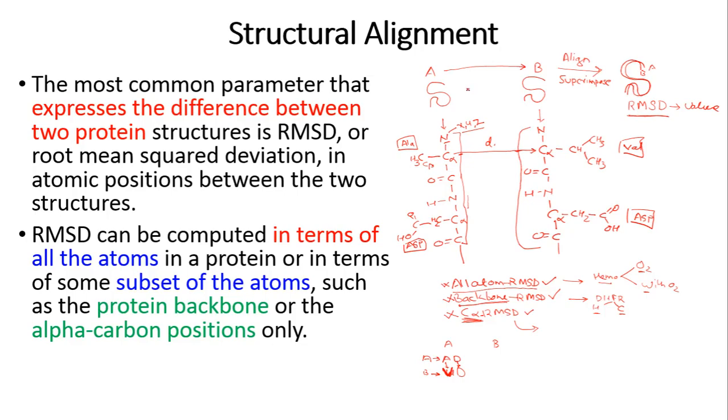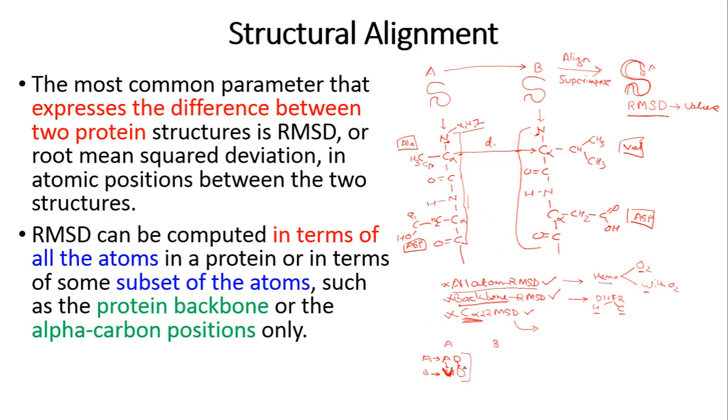Say for example, this nitrogen in protein A is analogous to this nitrogen in protein B, and hence when you superimpose these two proteins, you would compare the coordinates of these two atoms. So aligning the two structures begins with aligning the two sequences of these structures first.